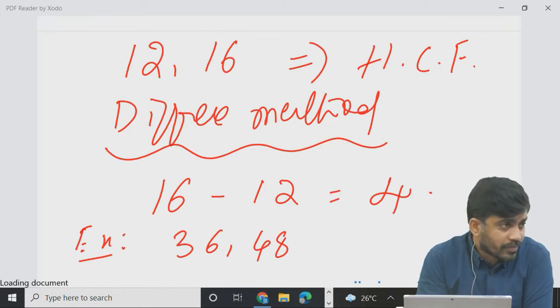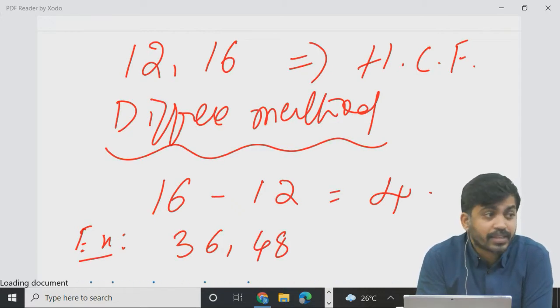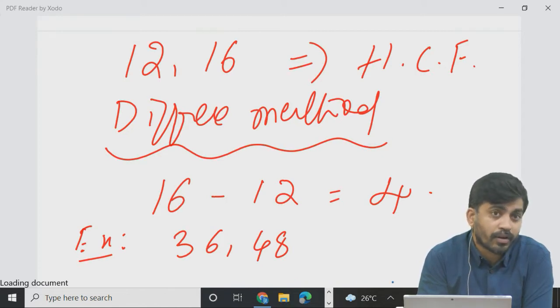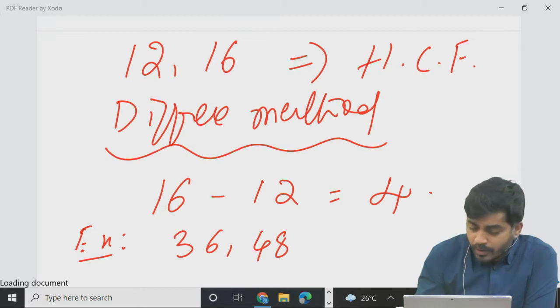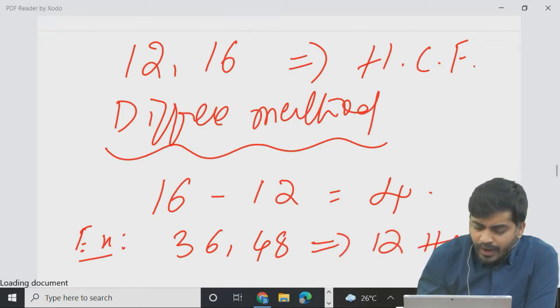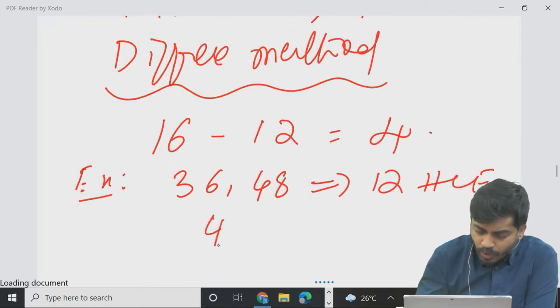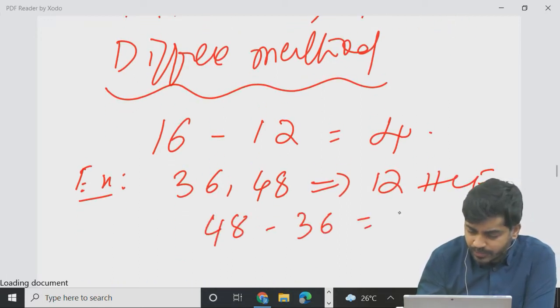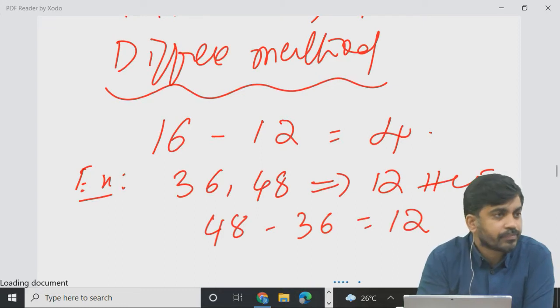The highest number which is common for these two numbers, the highest factor, is 12. 12 threes are 36, 12 fours are 48. So 12 is the HCF. Again take the difference between 48 and 36. What is the difference? 12. The difference is the answer, that's all.